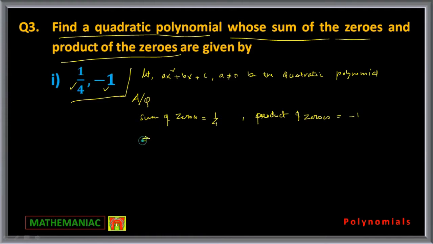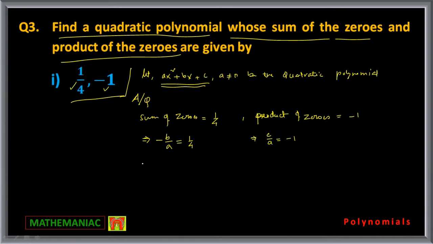So now, by using the relation between roots, zeros and the coefficients of this polynomial, what can you remember? The sum of the zeros can be written as minus b by a, which is equal to 1 by 4, and c by a is the product of the zeros, and that is equal to minus 1.